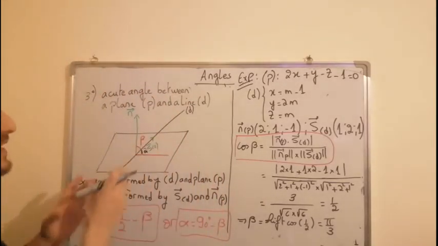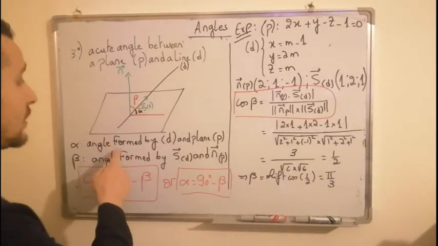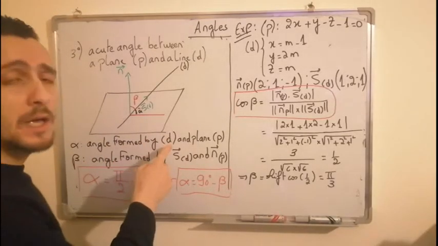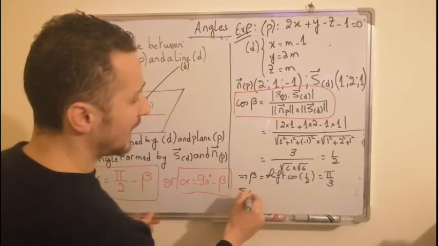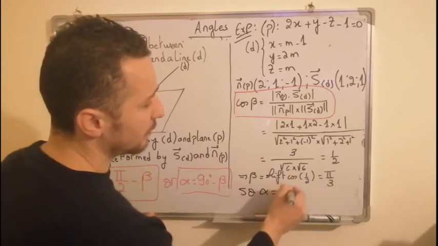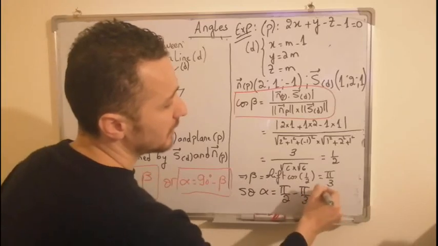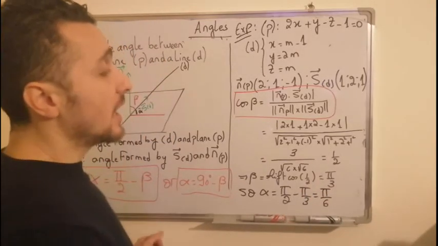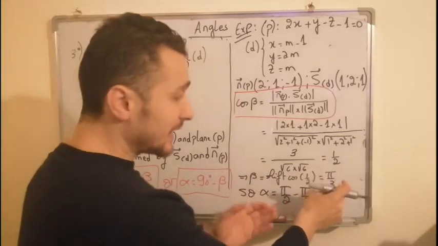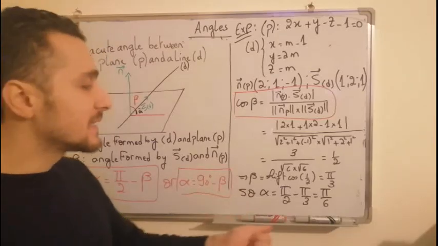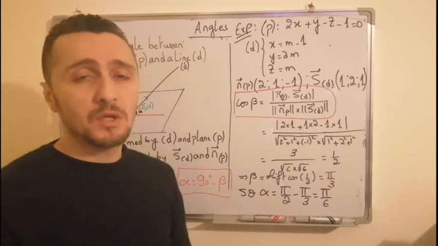So this figure must always be in our minds. Alpha represents the acute angle formed by the straight line D and the plane P. So alpha equals pi over 2 minus pi over 3, which equals pi over 6. If we calculate beta in degrees, alpha equals 90 minus 60 degrees, which equals 30 degrees.